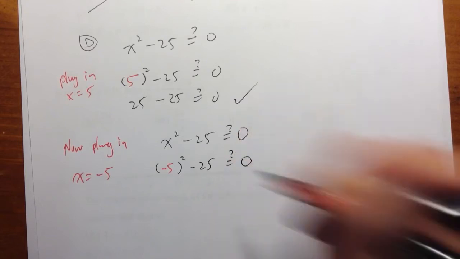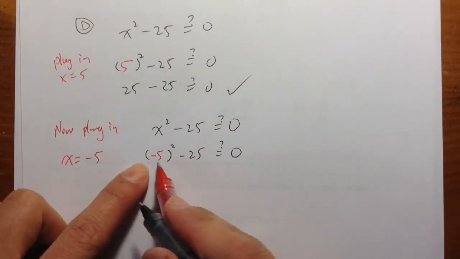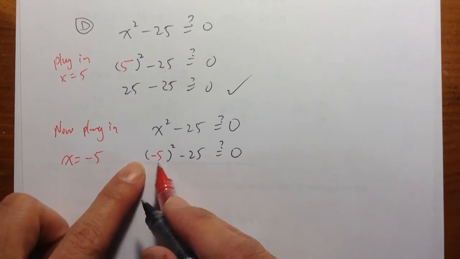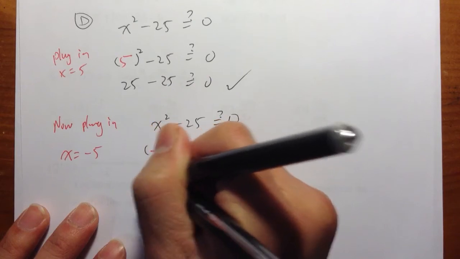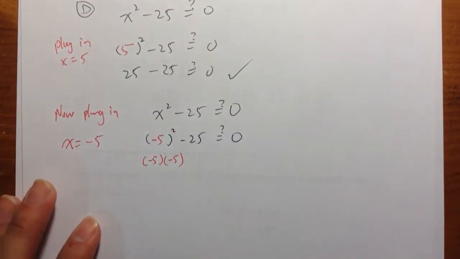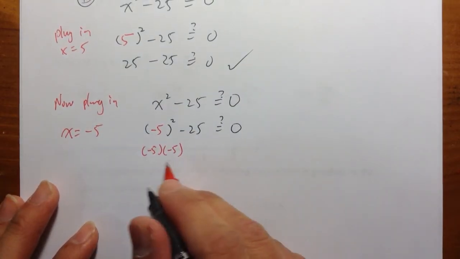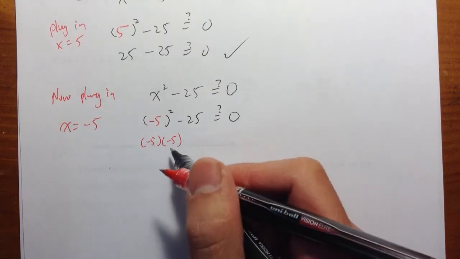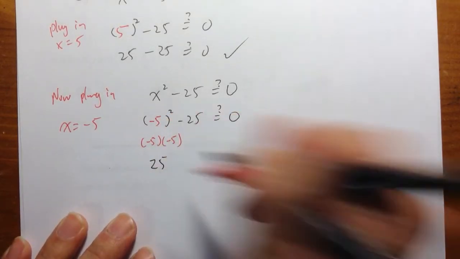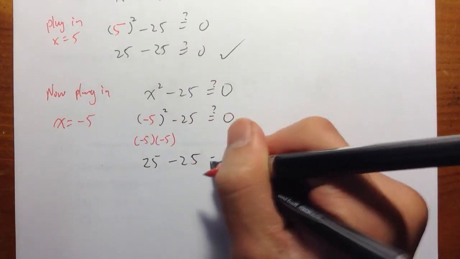Will that be 0? Right here, we have to be a little bit careful. When you have a parenthesis and negative 5 to the second power, this means negative 5 times negative 5. The square is for the negative 5, so we write down the negative 5 twice. When you multiply negative 5 times negative 5, we get a positive 25. And then when you subtract another 25, will that be 0?